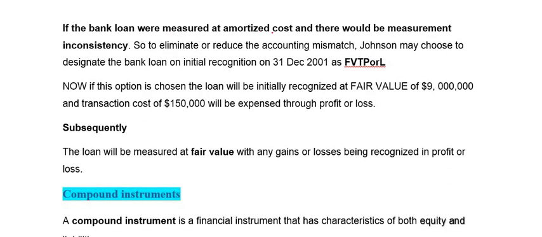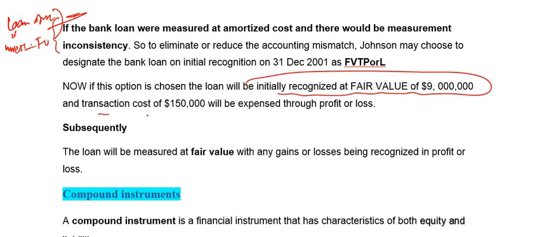If you measure the loan at amortized cost, and the investment property, the asset for which the loan has been taken, is measured at fair value, there will be an accounting mismatch. So we have to eliminate this, and for that we choose at initial recognition the fair value of this amount, and the transaction cost of this amount will be expensed to profit or loss.